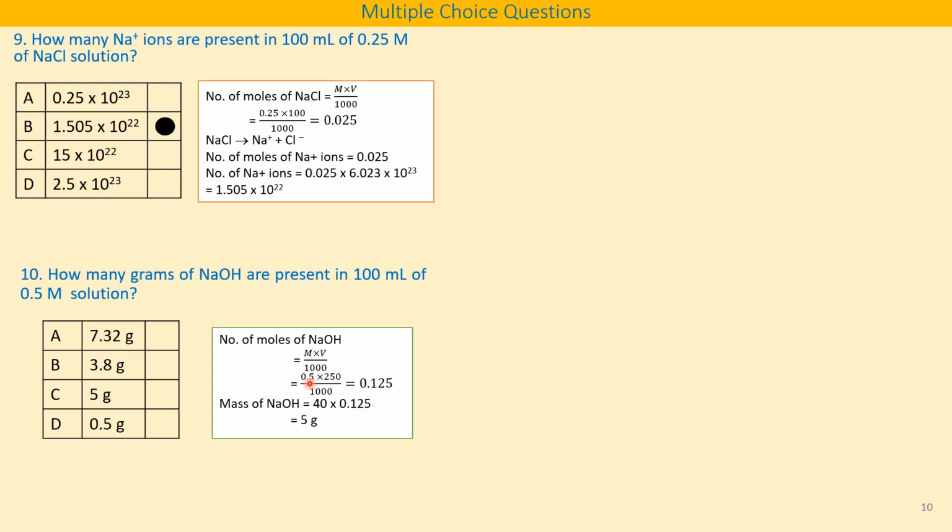So capital M is 0.5, that is molarity, into 250 ml of the solution divided by 1000, that is equal to 0.125.